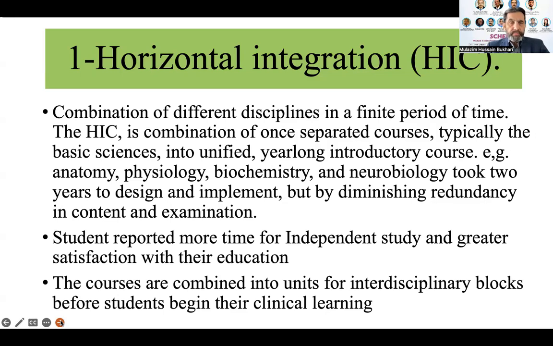Horizontal integration in 1 or 2 years. The courses are combined into units. Unit 1, interdisciplinary blocks: Block 1, Block 2, Block 3, Block 4. And the students begin their clinical learning also in the beginning, but the touch of the clinical is smaller.